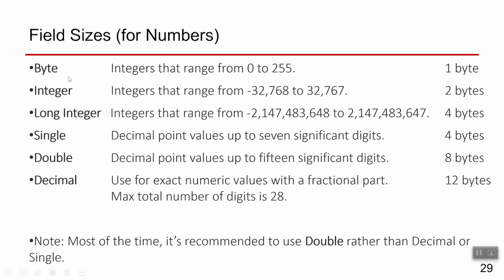I wouldn't expect you to memorize all of these exact values, but just more or less to be aware that a byte would be the smallest field size. And then we have some field sizes specific for integers and then for decimal values as well.